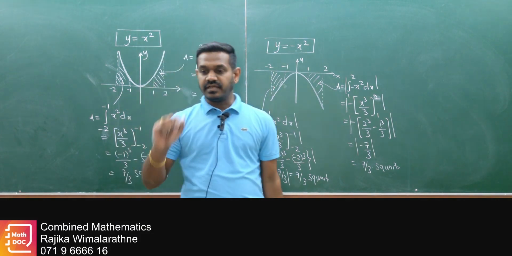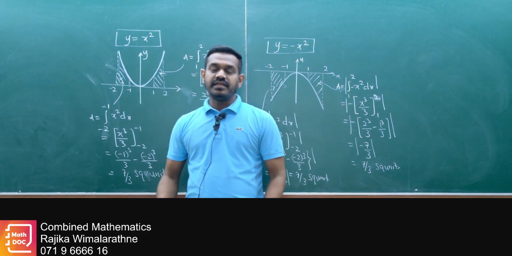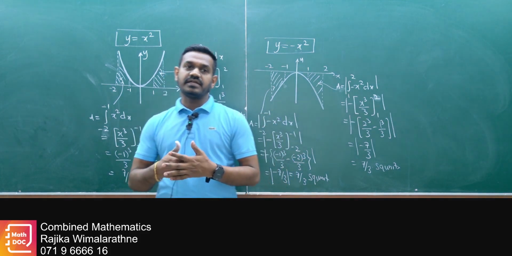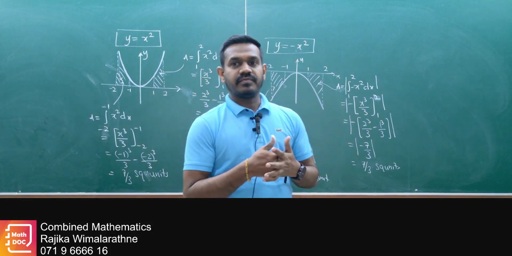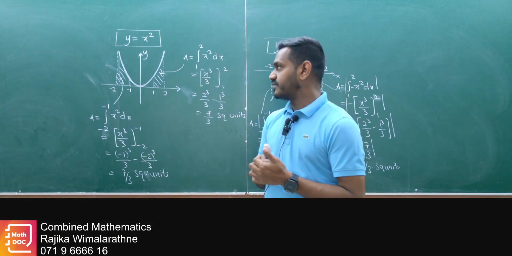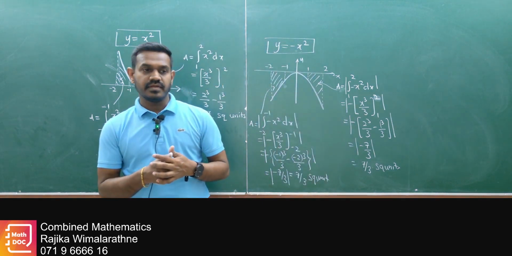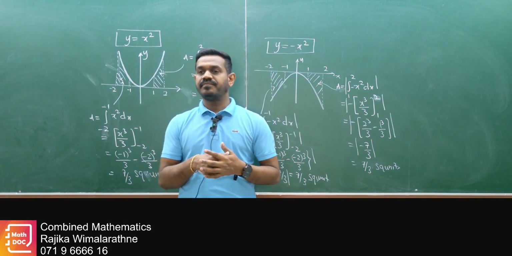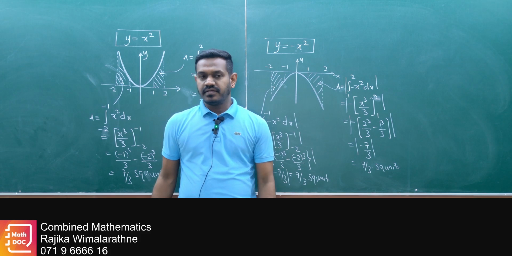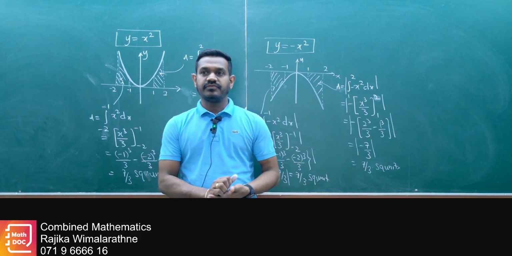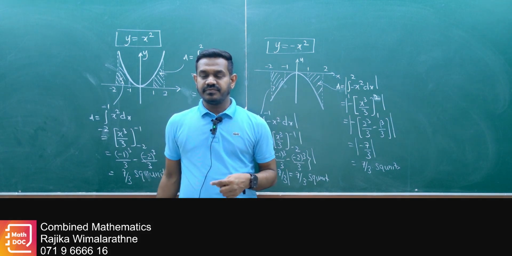Okay, then put a star mark and write down: when finding the area bounded by the curve and the x-axis, the position of the function must be analyzed first.